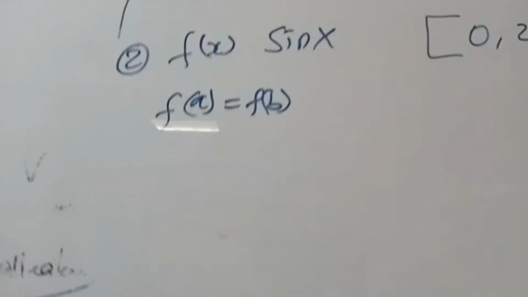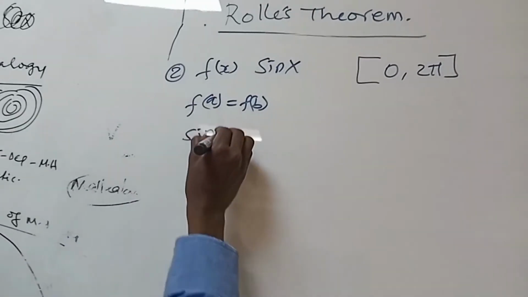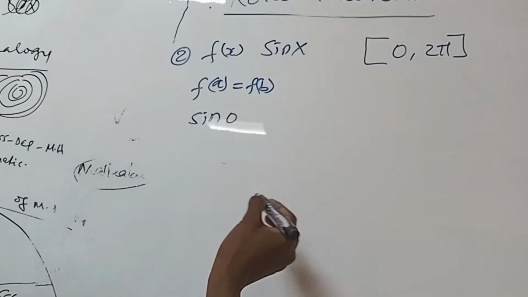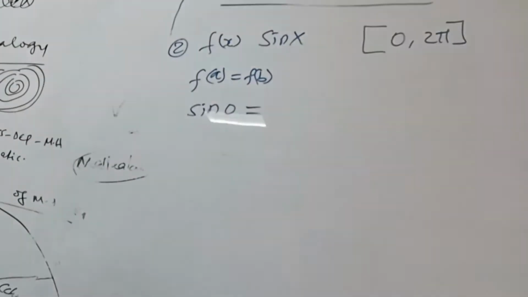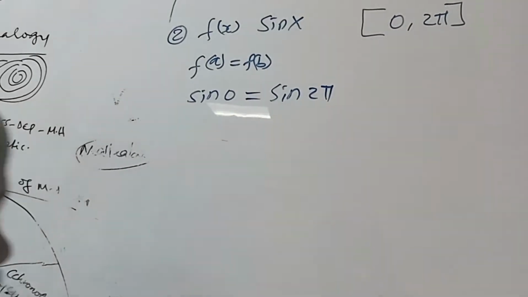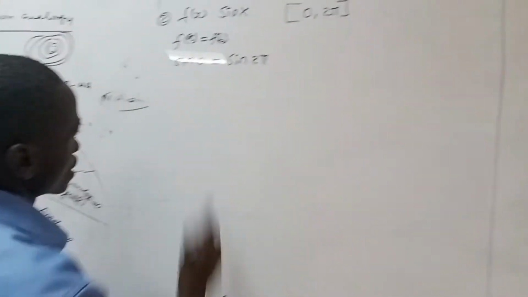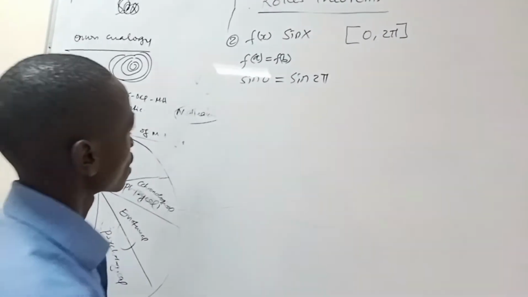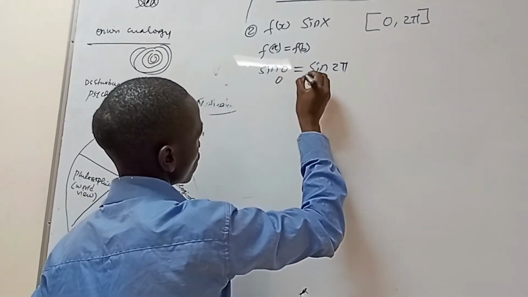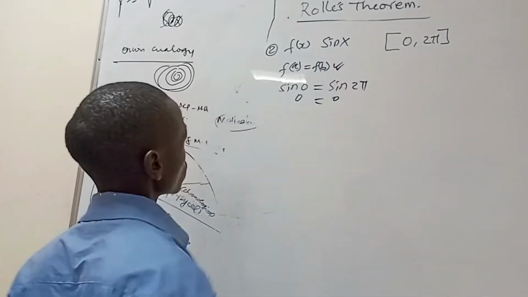So once again, you check if you take sine of 0, whether it should be equal to sine of 2 pi, which is sine of 360. So sine of 0 and sine of 360 both give us 0. So that one is true.